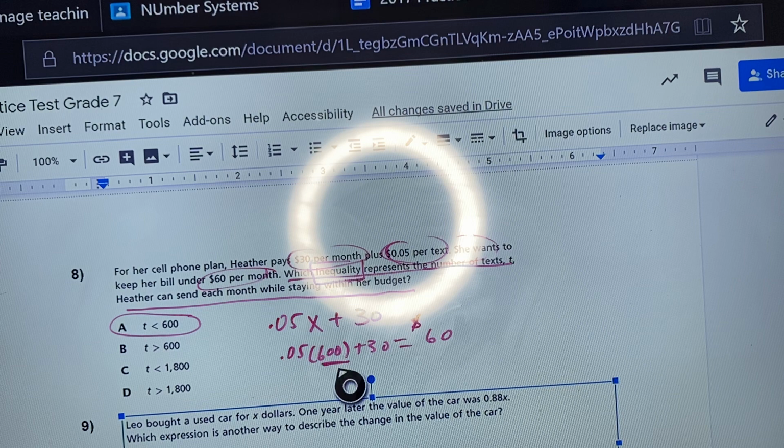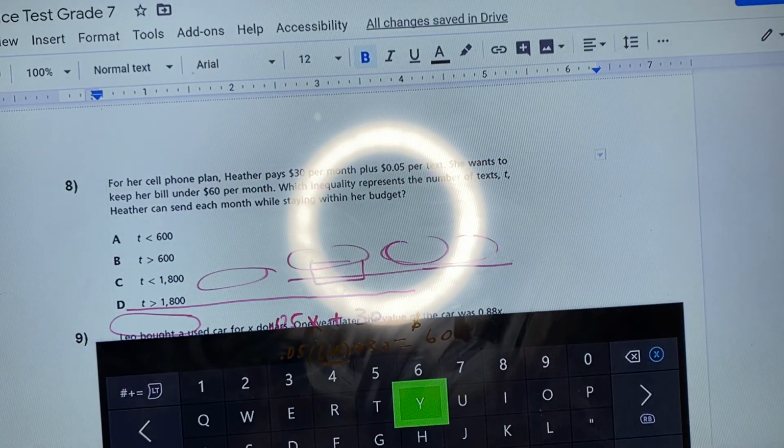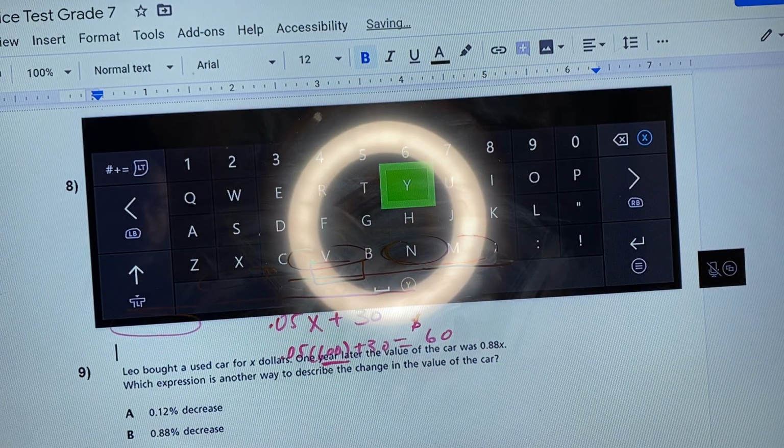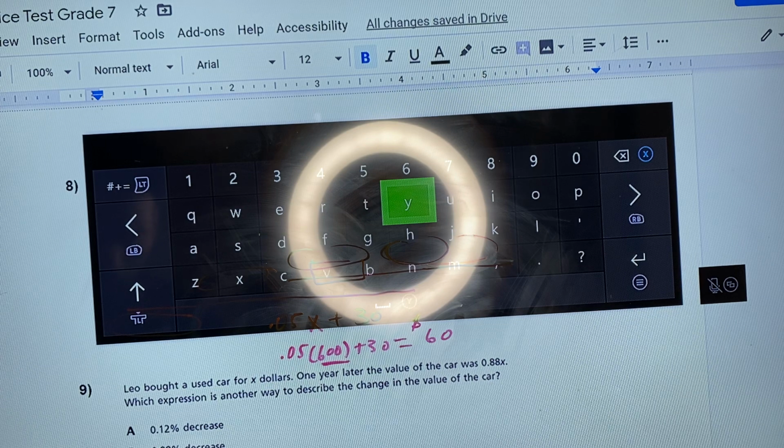For 9, what I would do here is press enter to create some space. I can actually do this now: answer, shift, and then enter again.